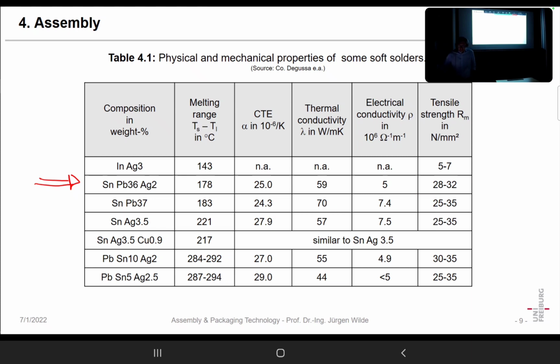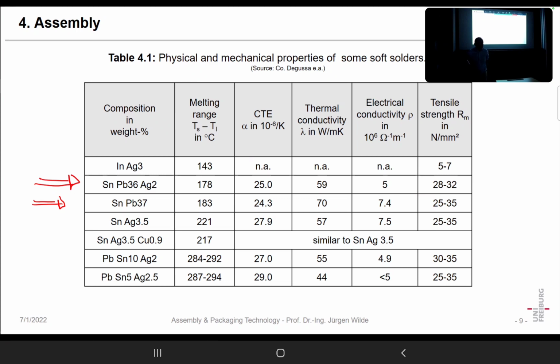Another alloy from that era, which was very important and which is still used frequently, for instance, in hand soldering, is eutectic tin lead alloy. So normally for commercial applications, it's forbidden, but it has quite a number of advantages.